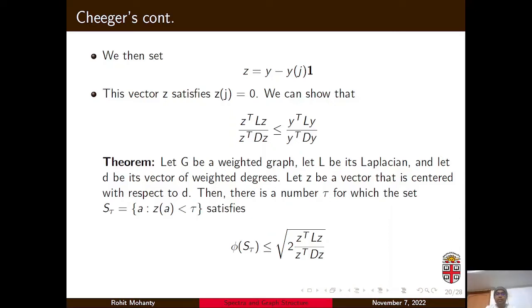This essentially gives us what we wanted, which is an upper bound on the conductance of S tau of a graph.